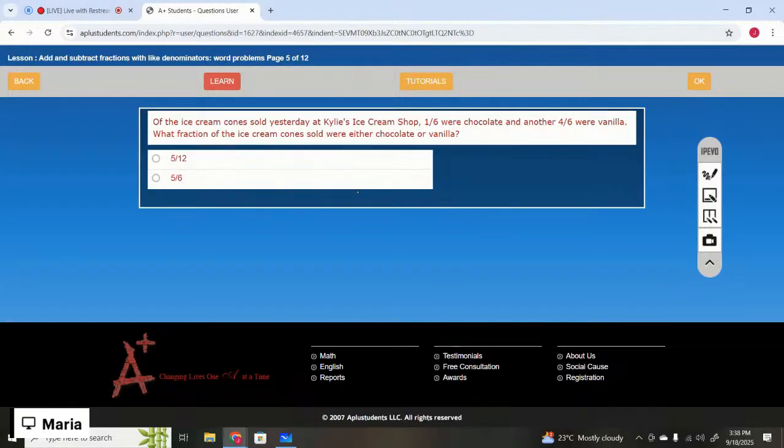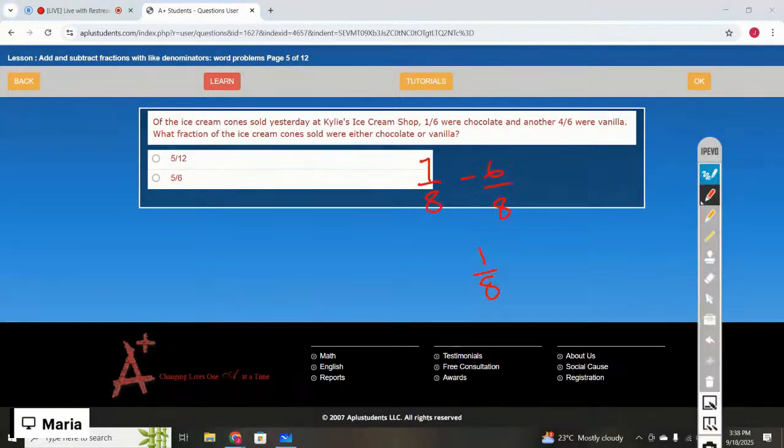Of the ice cream sold yesterday at Kelly's ice cream shop, 1/6 were chocolate and another 4/6 were vanilla.